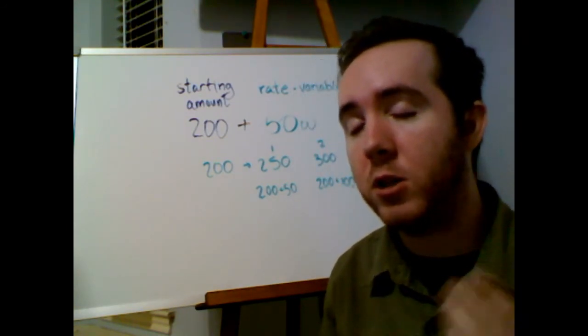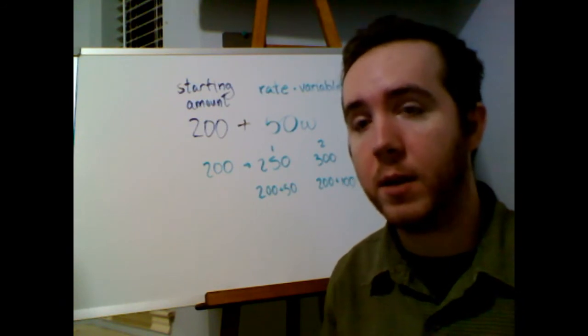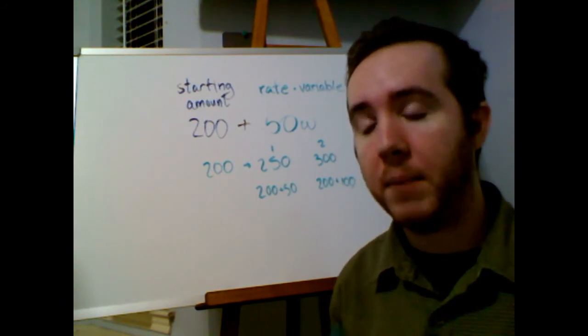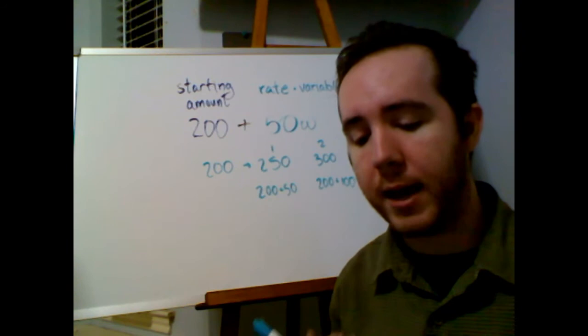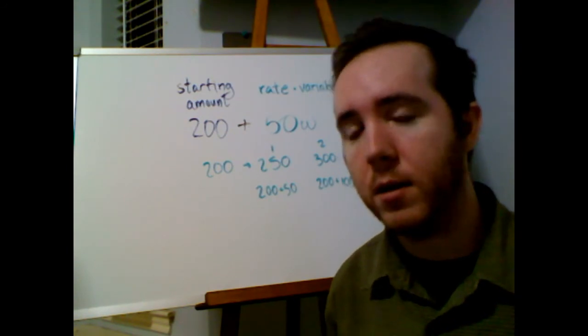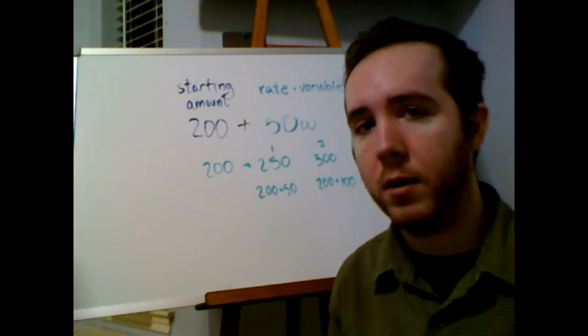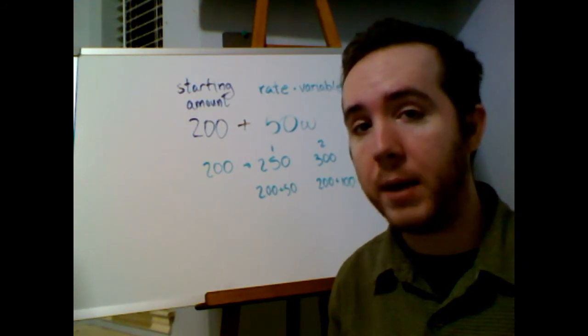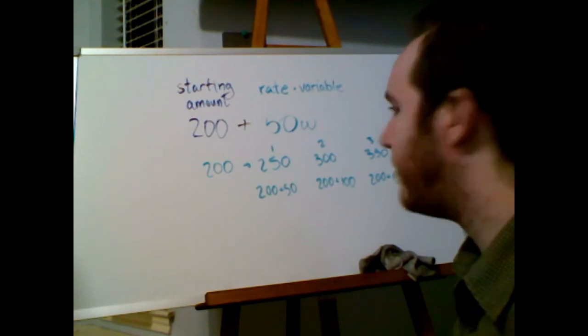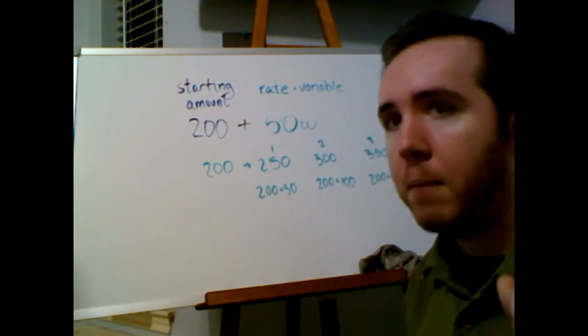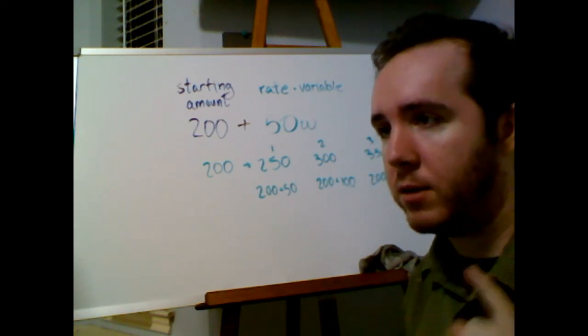Vary means to change or be different in some way. And because the letter doesn't stand for any single value yet, it's some value that we can allow to change or be different, depending on what we need it to be. We haven't assigned a value to it yet, but we're finding out which one it needs to be.